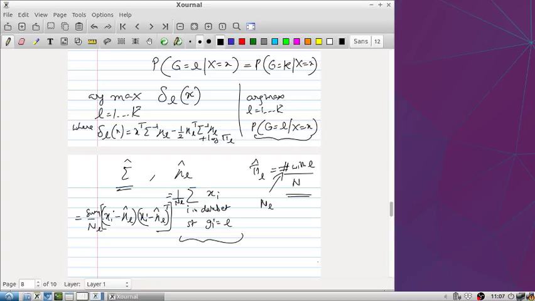So I wrote a formula, but let me explicitly write the whole formula so that people are not confused.